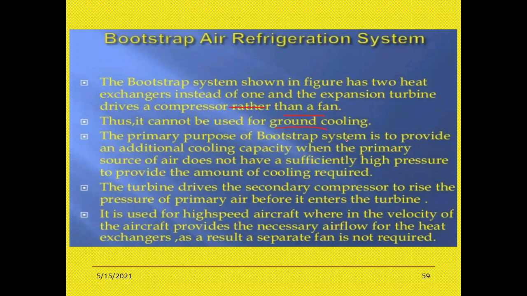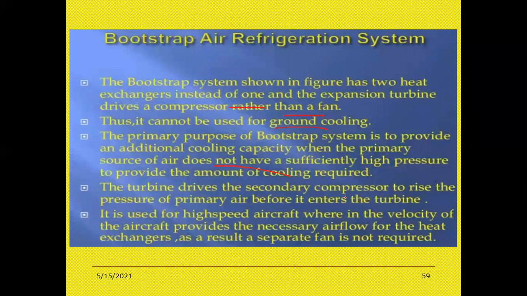The primary purpose of the bootstrap system is to provide additional cooling capacity when the primary source of air does not have sufficiently high pressure to provide the amount of cooling required. The turbine drives the secondary compressor to raise the pressure of primary air before it enters the turbine.